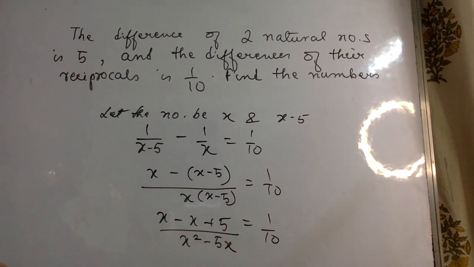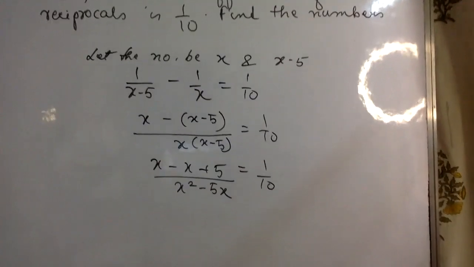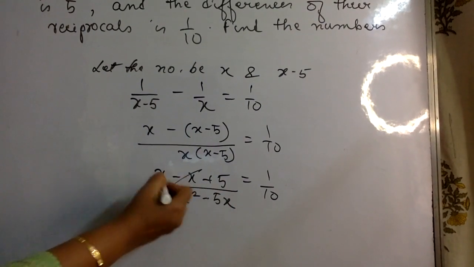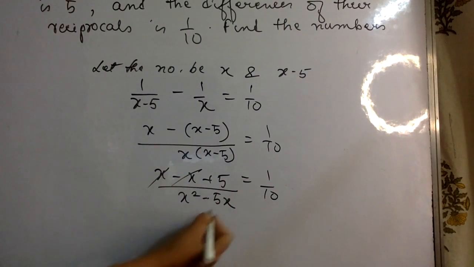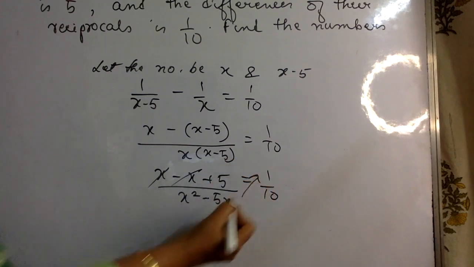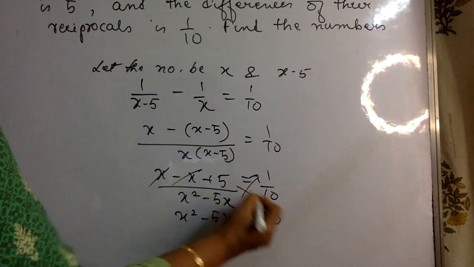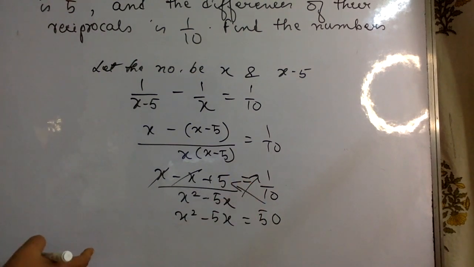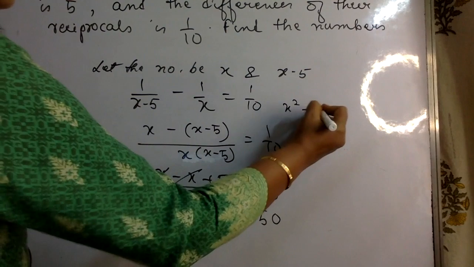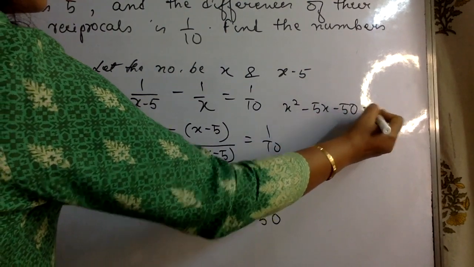So this is the equation. Cancel this out, and then cross multiplication: x square minus 5x is equal to 50. This gets multiplied here, 50. So it becomes x square minus 5x minus 50 is equal to 0.